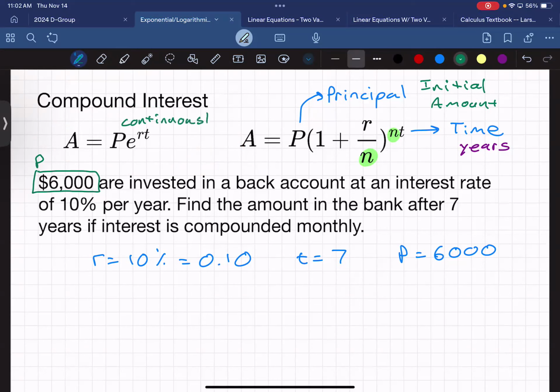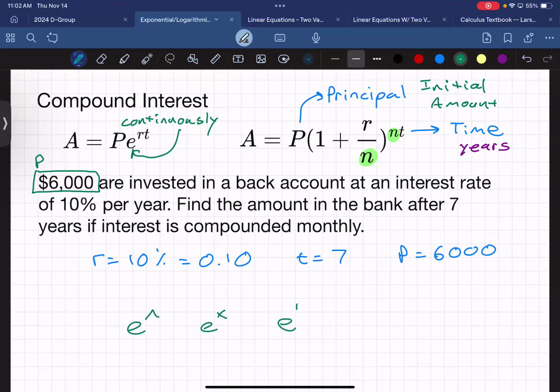What letter stands out to you on this one that would help us remember continuously? E. Now, make sure you also know, did I say E was a variable? No, because E is not a variable. All right? You're going to want to find on your calculator E with the exponent button behind it, or E with an X right behind it.